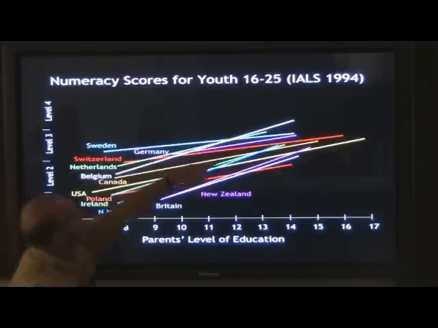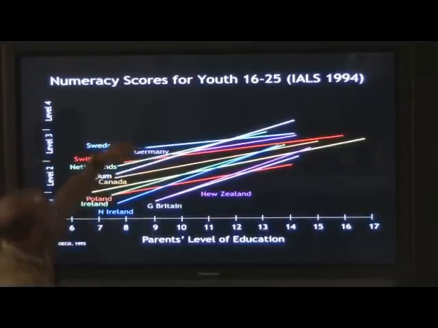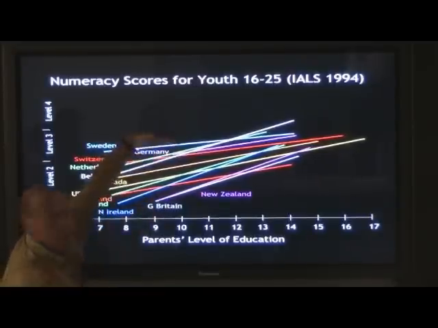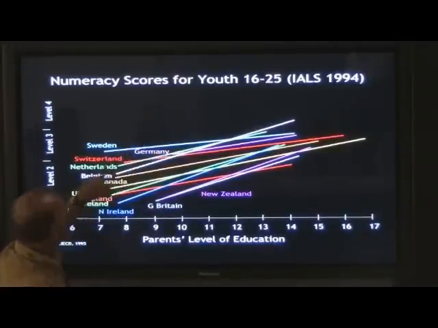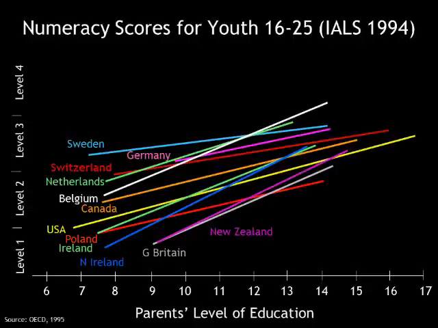And then Sweden there, where there is a gradient, but as you can see, even the children of the least educated parents are still averaging out in level 3, right? So overall, if you imagine where the median is of each of these graphs, you can see that this is a gradient flattening up situation, right? So there is socioeconomic inequality everywhere, but where it has been buffered is what makes the differences. So in other words, the differences are not so much in how the children of the most privileged groups do, but that the differences gradually get larger as you go down, and that's what matters the most.